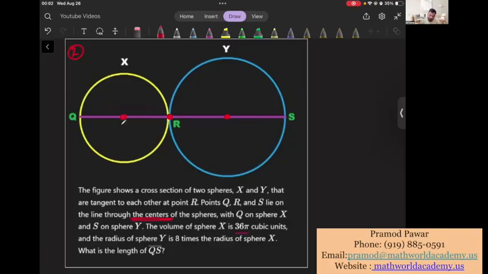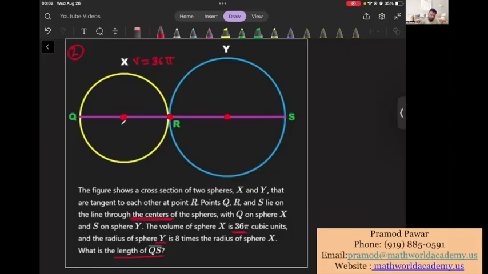The volume of sphere X is 36 pi cubic units. And the radius of Y is 8 times. So we know the radius of sphere Y is 8 times the radius of X. Using that information, the question is asking us, what's the length of QS, this entire QS?